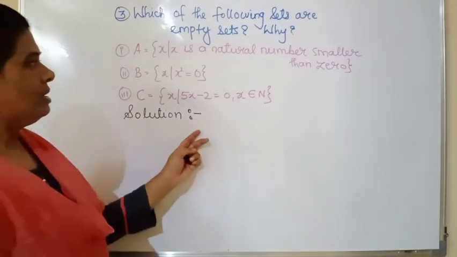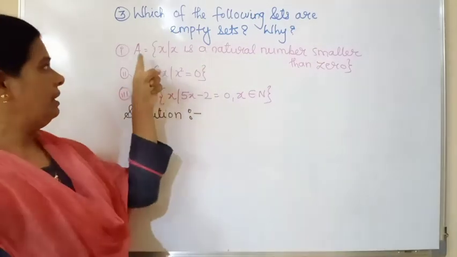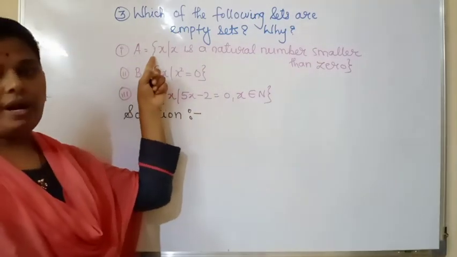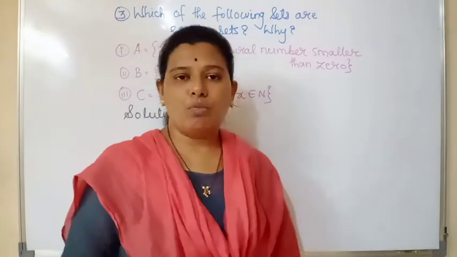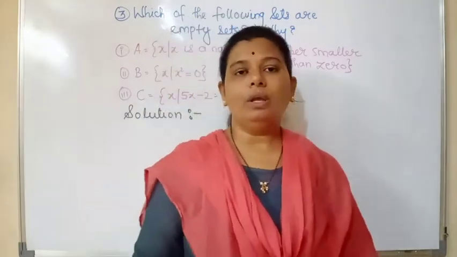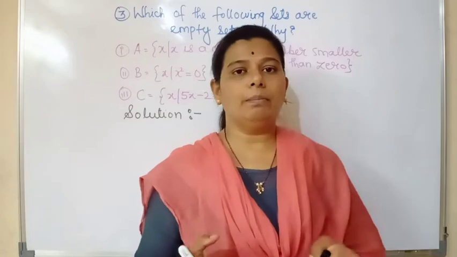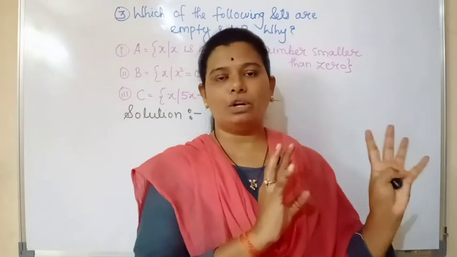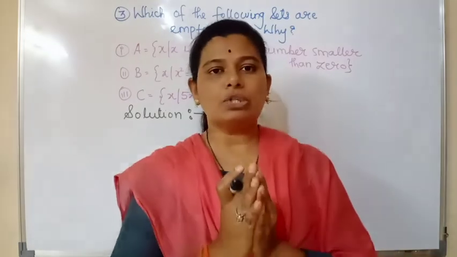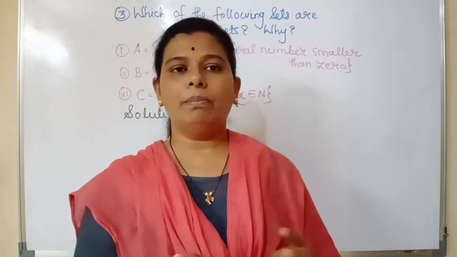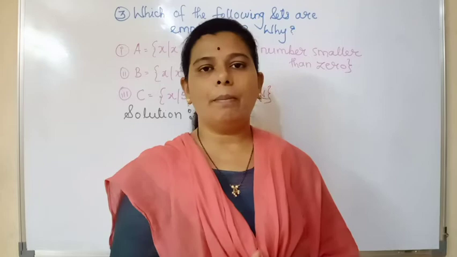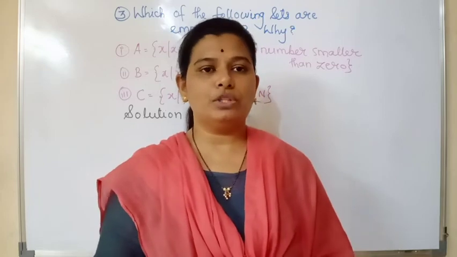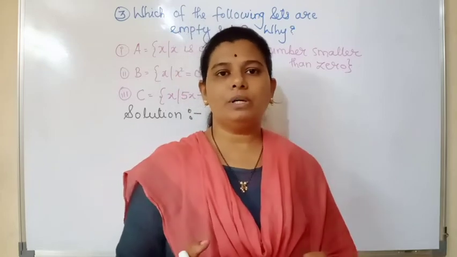Now what is given in set A? A is a set of x such that x is a natural number smaller than 0. You forget about the natural first of all. First of all, we'll just concentrate upon the numbers which are smaller than 0. Which are those numbers?